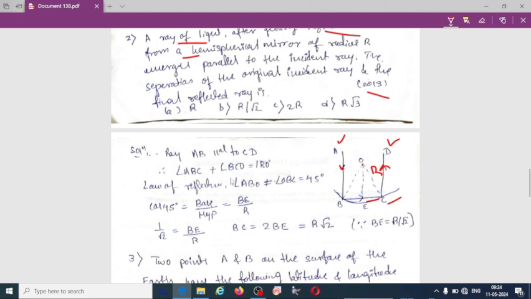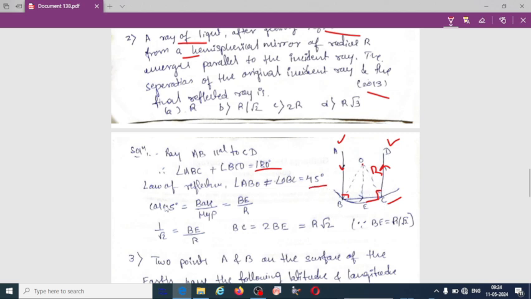So angle ABC plus BCD is how much? 180 degree. Here it is 90 degree and here also 90 degree. So by law of reflection, angle ABO is equal to OBC.